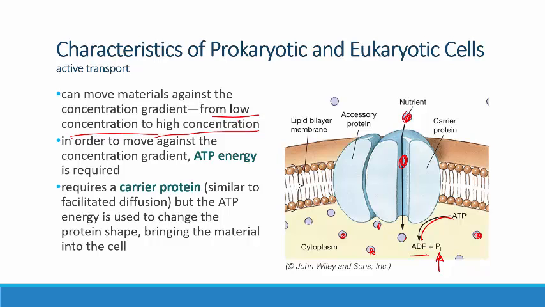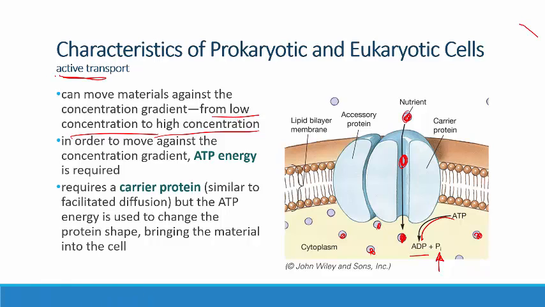And that ADP molecule and the phosphate group later can be put back together again to recharge the battery, if you will. But ATP releases its energy, the carrier protein changes shape, and boom, the nutrient winds up inside the cell, moved against its concentration gradient.